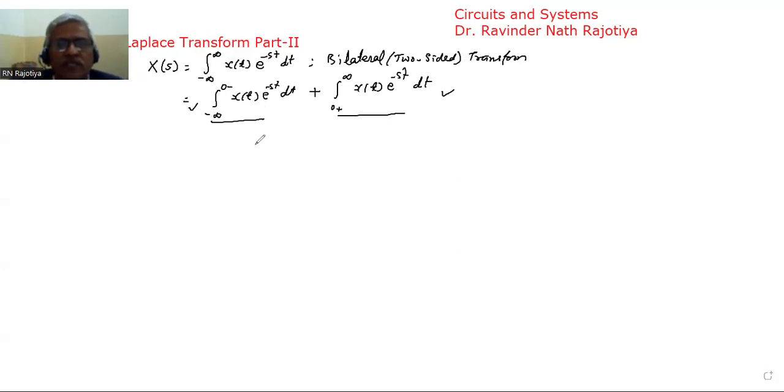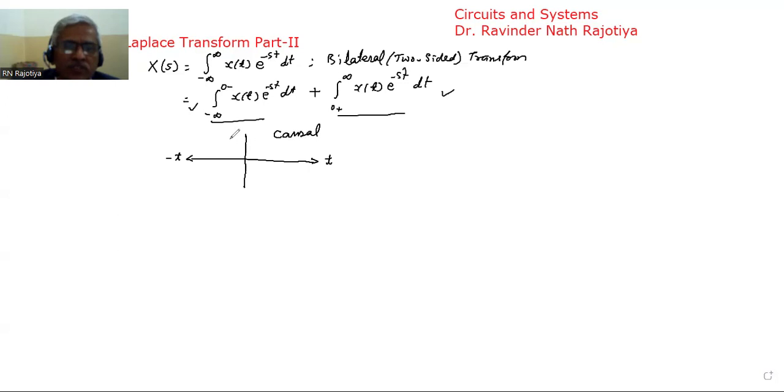We also know that given a particular signal, the range of the signal falls in either the positive direction of t, or in the negative, or in both directions. So if the given signal falls in this plane, then we call that system a causal system.